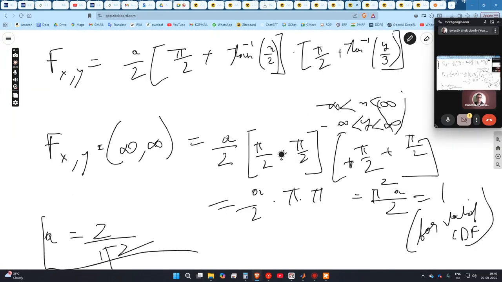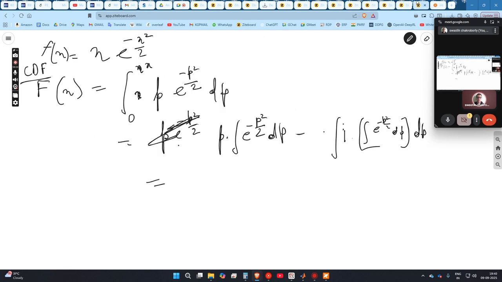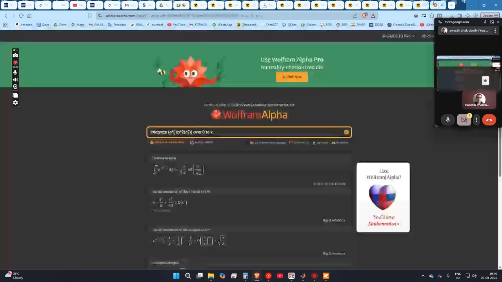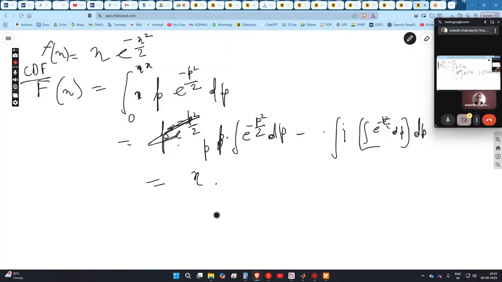The error function is a particular function that you get by integrating e to the power minus p square. So here p is x, so x into root pi by 2 error function x by root 2.